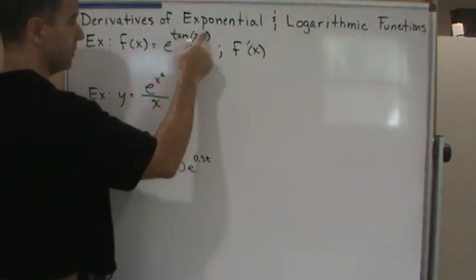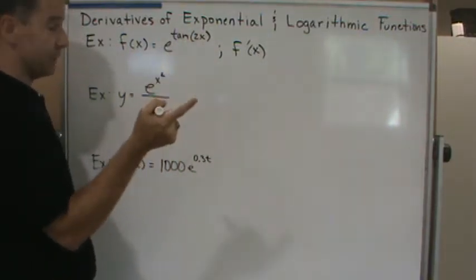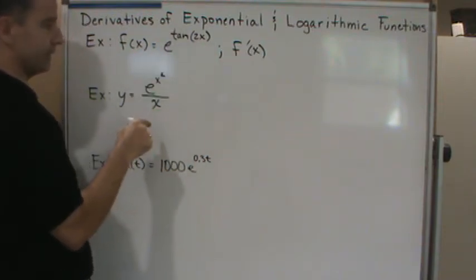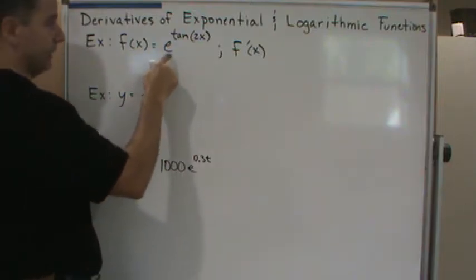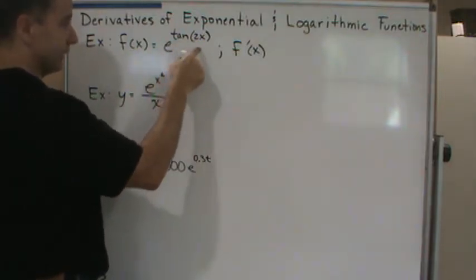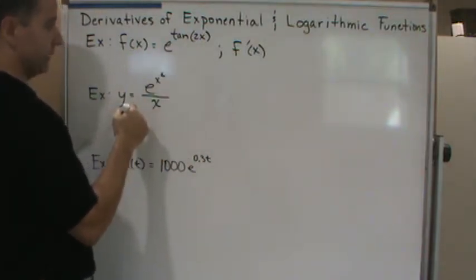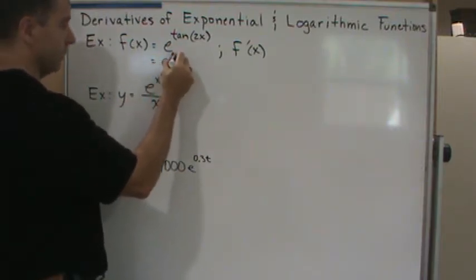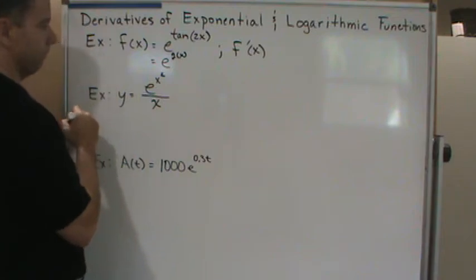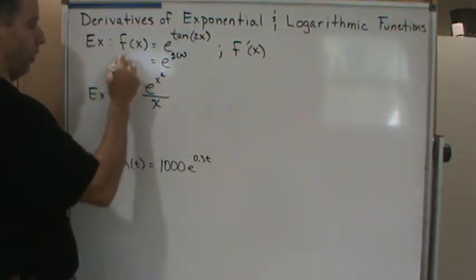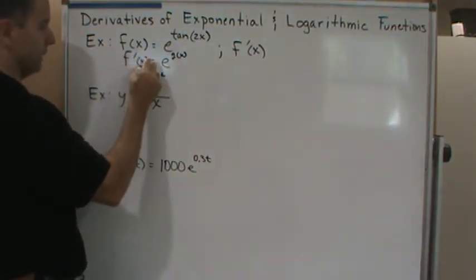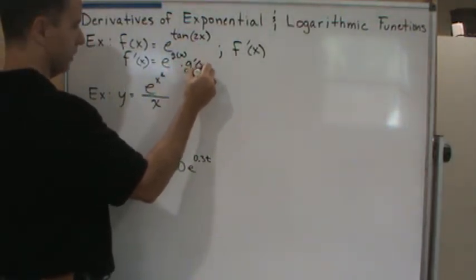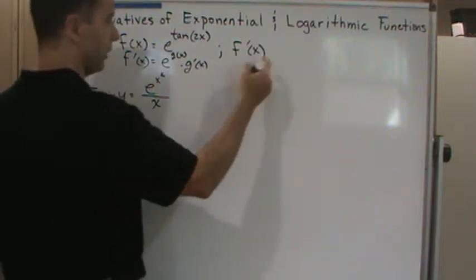Or if you look at this as g of x, just like the theorem states, the derivative of e to the g of x is equal to e to the g of x times the derivative of g of x. So f prime of x is equal to e to the g of x times g prime of x. So let's do that.